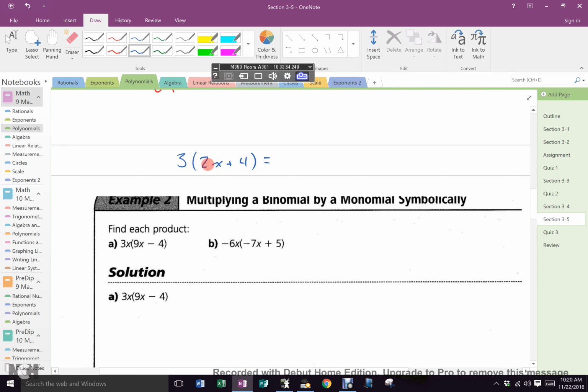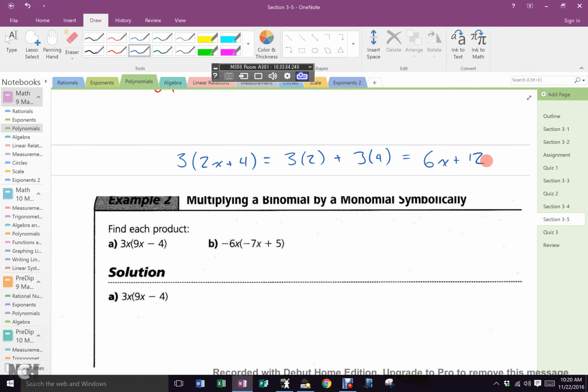What did that mean? 3 goes into everything. 3 times 2x plus 3 times 4. And why did I not care about this x? Because there was no x in the front. So this answer would have been 6x, because the x didn't change, plus 12. That's yesterday's work. We're all cool with that, right?